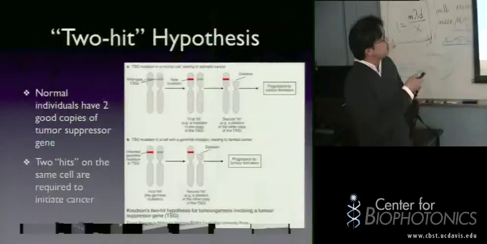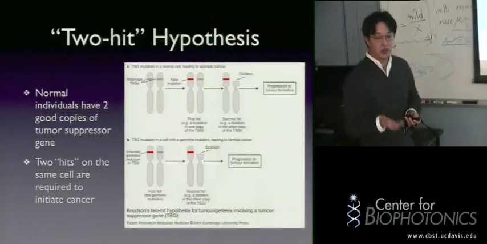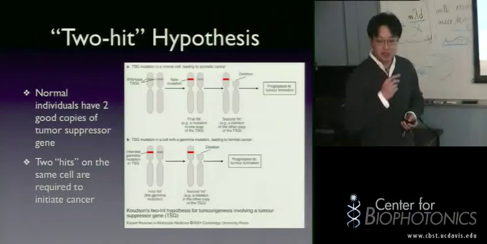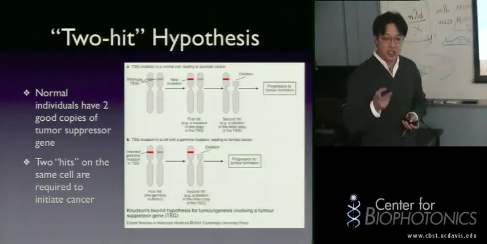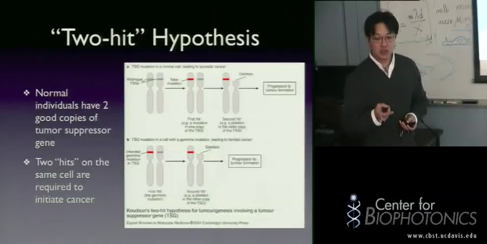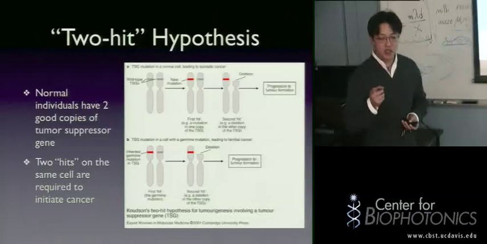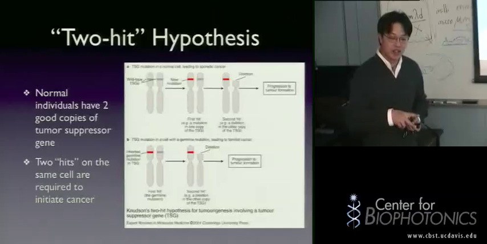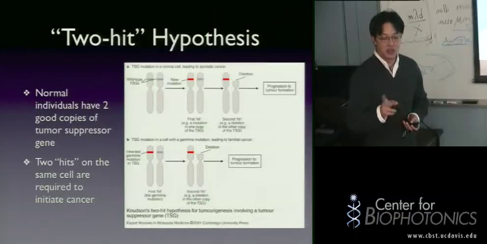There's also something called the Two-hit Hypothesis, because if you remember, in your chromosomes, you have two copies of each chromosome. That means you have two copies of just about every gene, including RAS. When I said that you can have a mutation in the RAS gene, you can have a mutation in one of the RAS genes, but the other one that you have in every cell is still okay, which means you've only lost function in half of your RAS oncogenes.